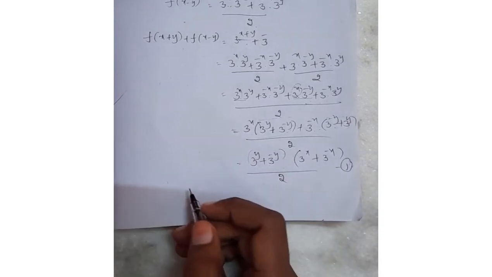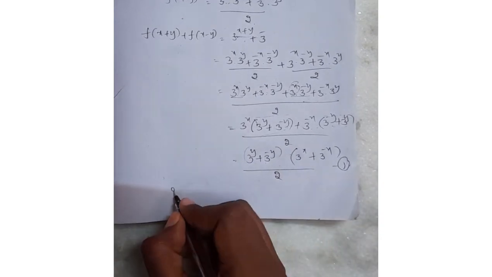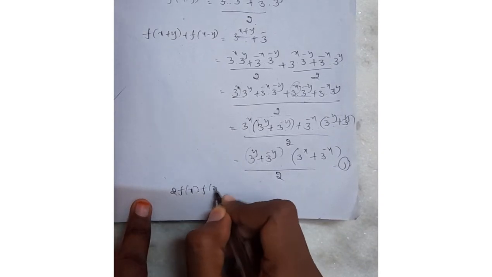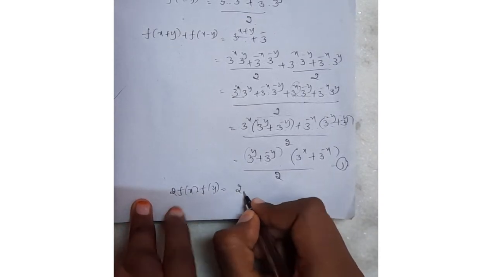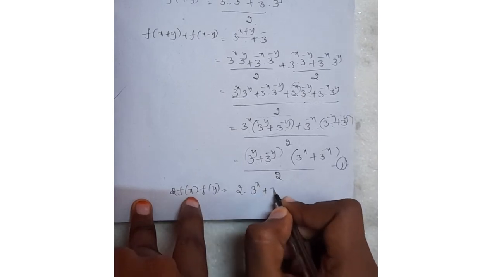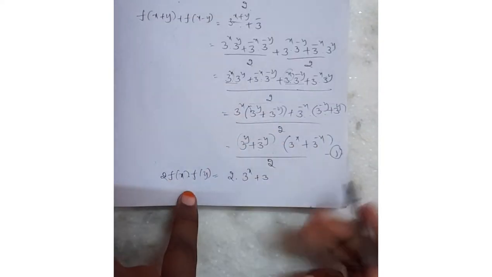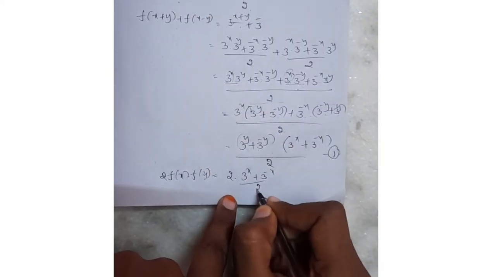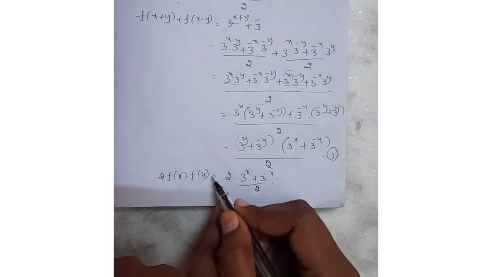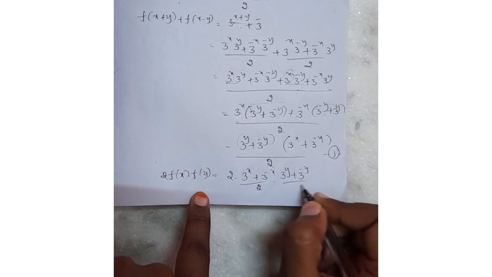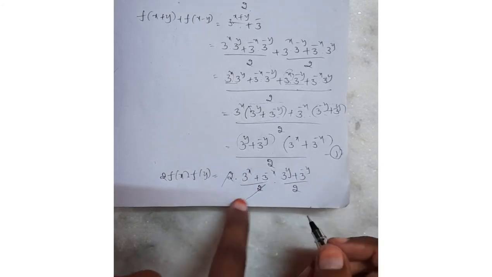And now what is RHS? RHS is 2 into f of x into f of y. So f of x is nothing but (3 power x plus 3 power minus x) by 2, and f of y is nothing but, in the place of x we are going to substitute y, right? The 2 and this 2 cancel.